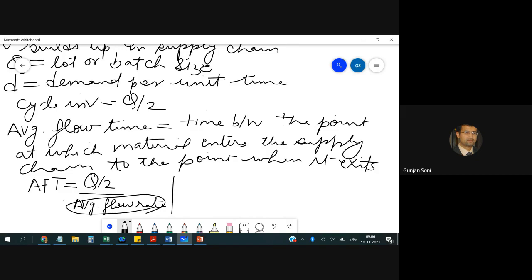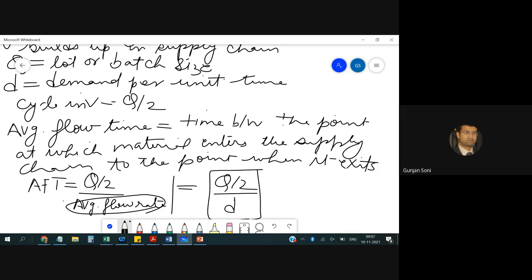So average flow time is Q by 2 divided by the demand rate. Okay, so this is the formula for average flow time. I hope it's clear. It's pretty simple, no doubts.